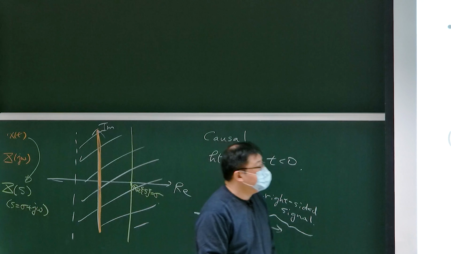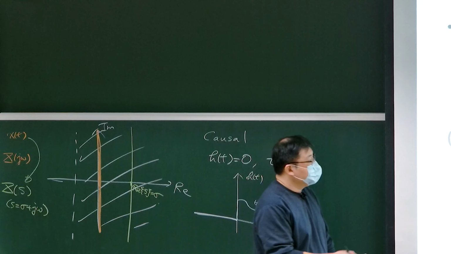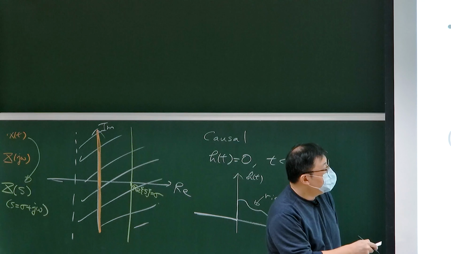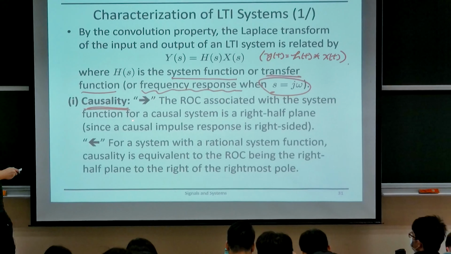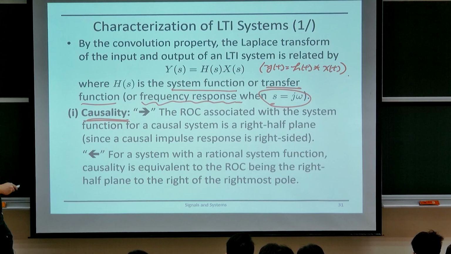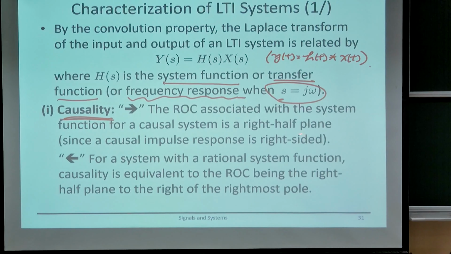So this arrow going to the right means that if it is causal, the ROC associated with the system function for a causal system is the right half plane. Okay, so if it is causal, the ROC is the right half plane.